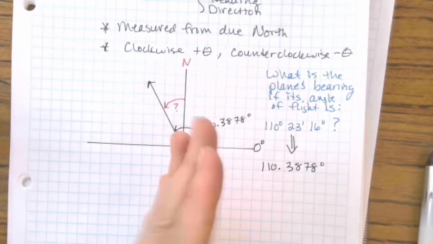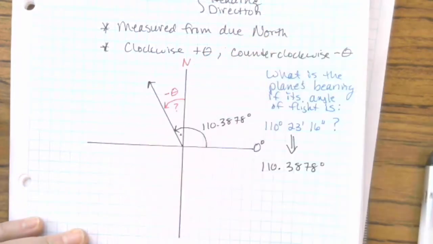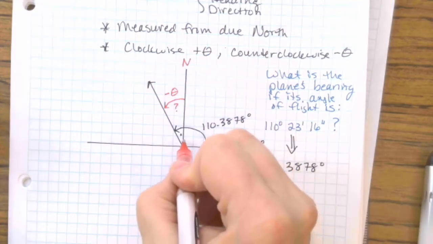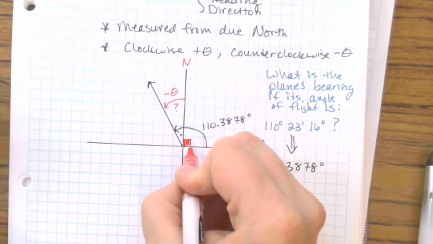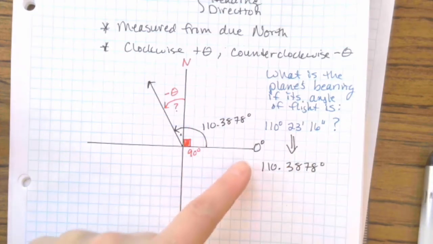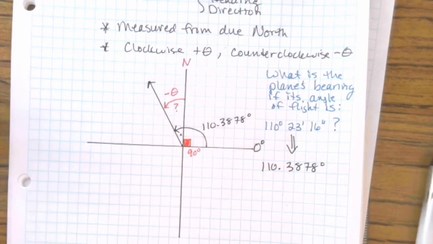So we already know it's to the left of north, so this is going to be some kind of a negative theta. We just have to figure out what. Well, this angle here is 90 degrees. So if we take the 110 and we subtract 90, what's left is going to be your theta.